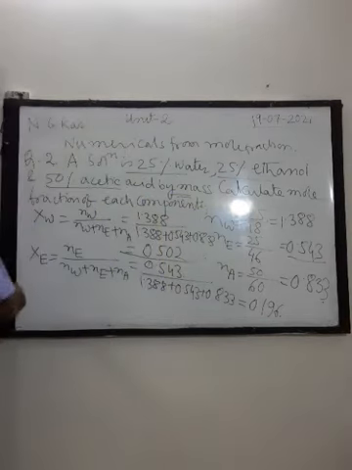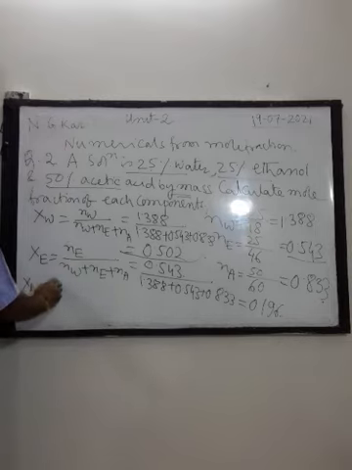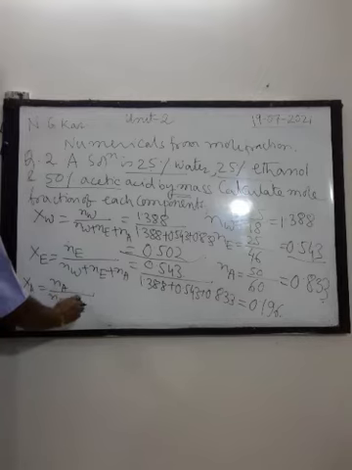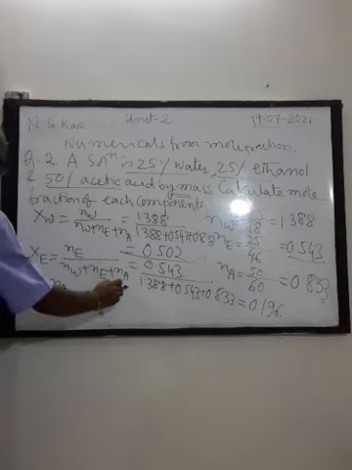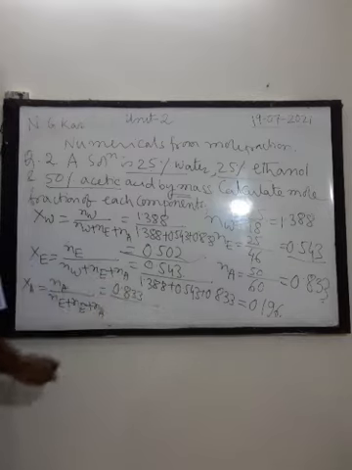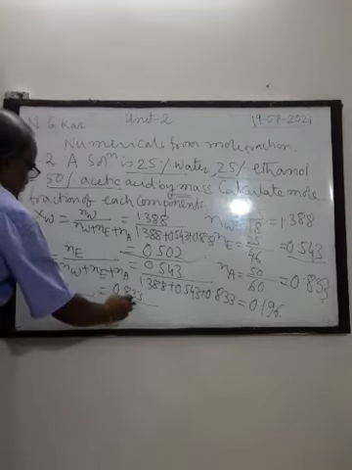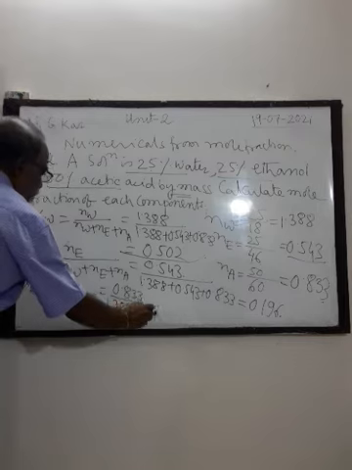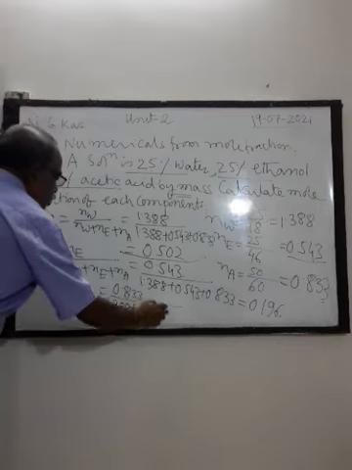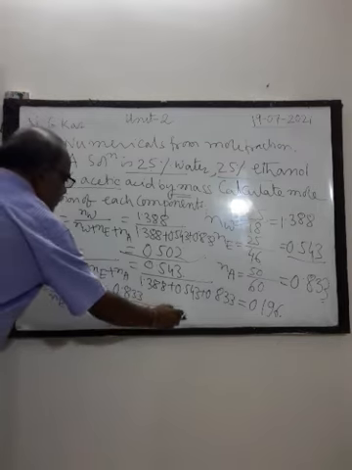And finally, mole fraction of acetic acid equals number of moles of acetic acid by sum of the three. Number of moles of acetic acid is 0.833 by 1.388 plus 0.543 plus 0.833.